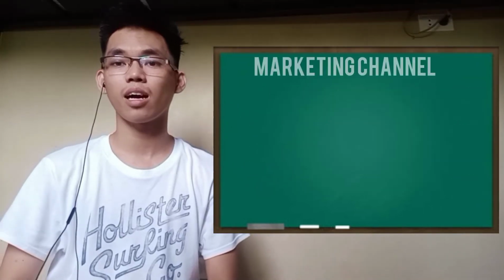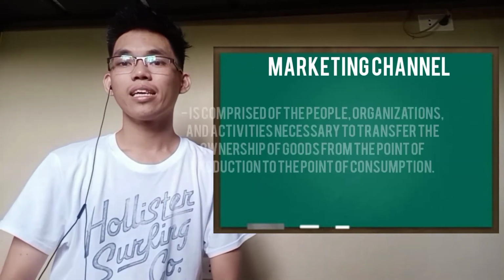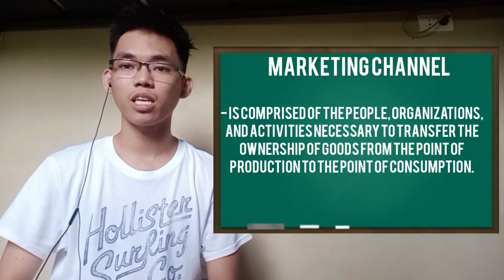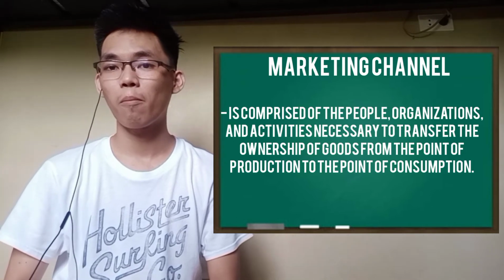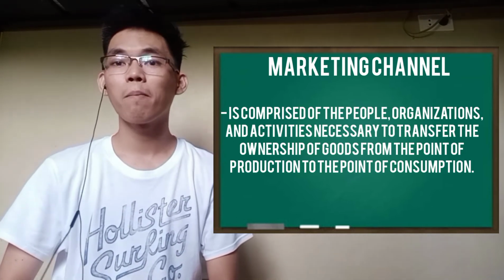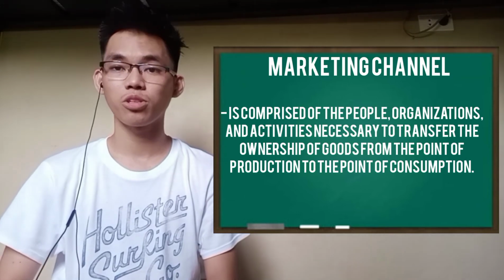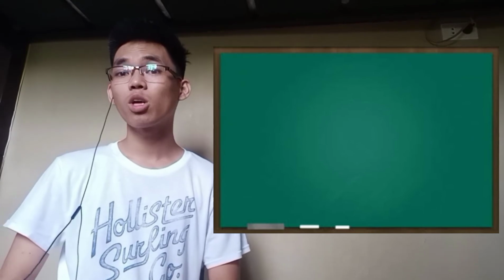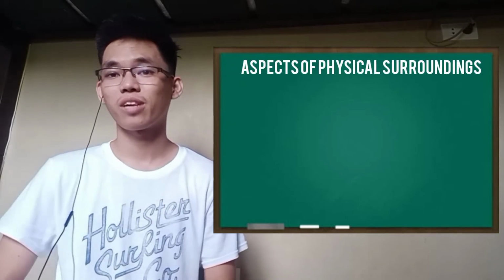Now, let's discuss the marketing channel. Marketing channel consists of individuals and firms involved in the process of making the product available for use or consumption by the consumer or individual user when and where they need it. Now we're going to determine the aspects of physical surrounding.